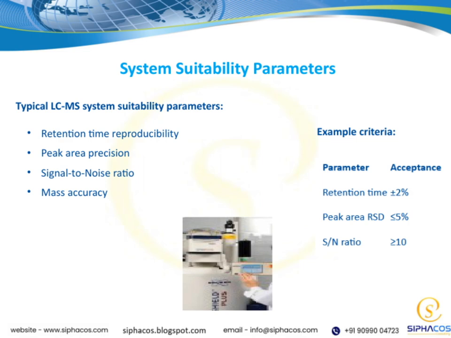Finally, mass accuracy is vital for correct analyte identification. It ensures that the masses we measure are close to the true masses, giving us confidence in our data. Together, these parameters help us verify that our LCMS system is suitable for analytical work, providing reliable and accurate results that support the overall integrity of our study.